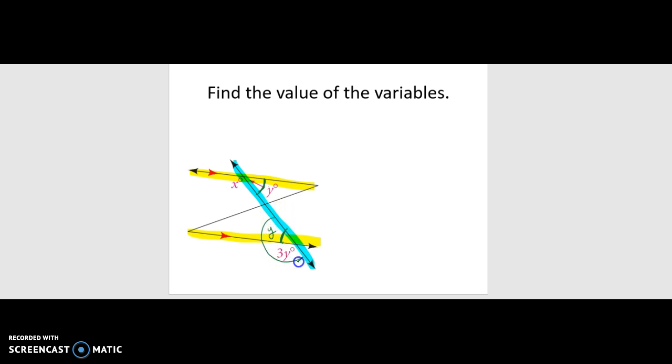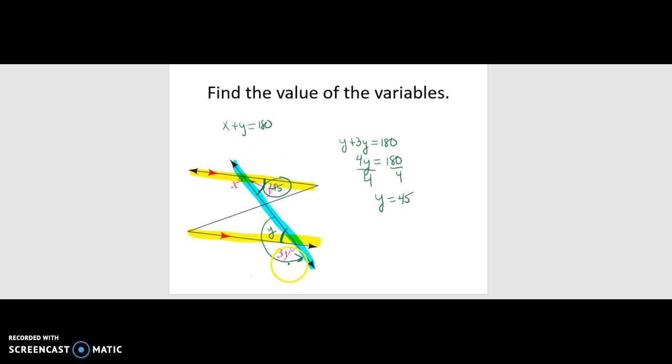Now, what do these two angles have to do? Those two angles have to add up to 180 degrees. So I'm going to go ahead and solve for y. Combine like terms, divide by 4, and y is equal to 45. Now, if I look, if y is 45 degrees, right, what do x and y have to add up to? 180 degrees.